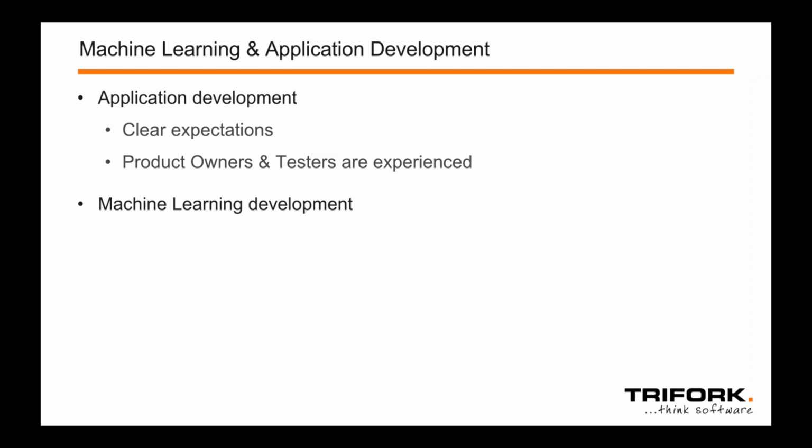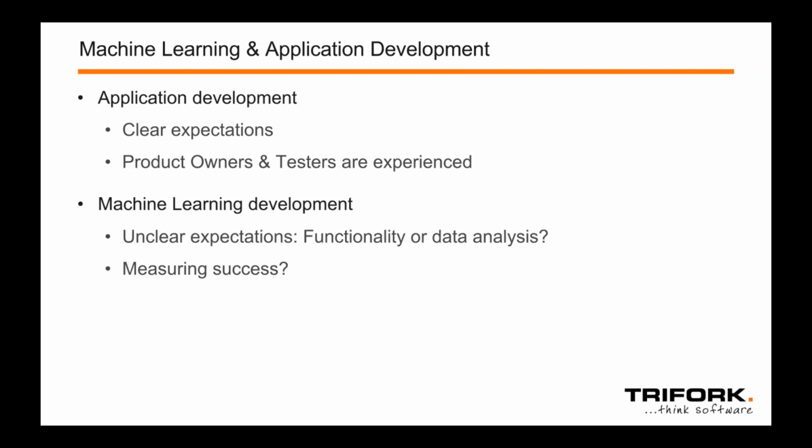Now, if we compare that, if we square that off to machine learning development, then things become a lot more fuzzy. There are a lot less clear expectations. Are we building functionality, or are we just analyzing the data? And how do we measure successfulness? How do we say this feature does exactly what I expect it to do?